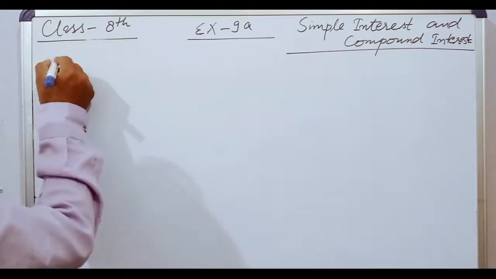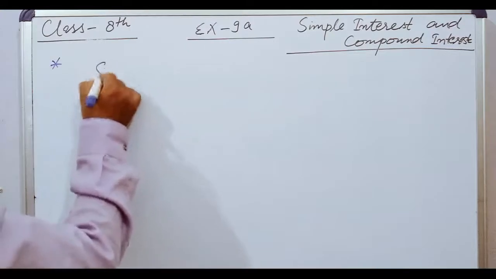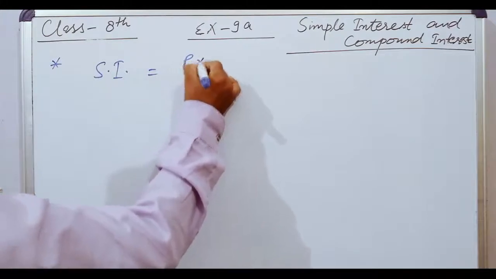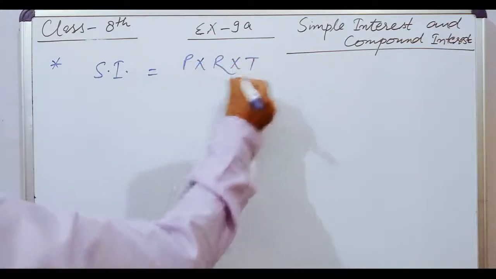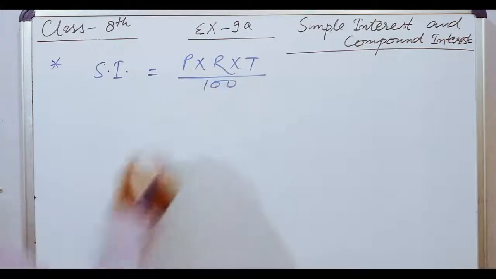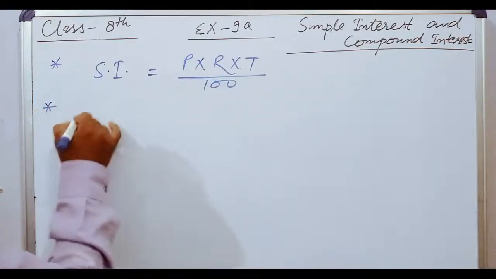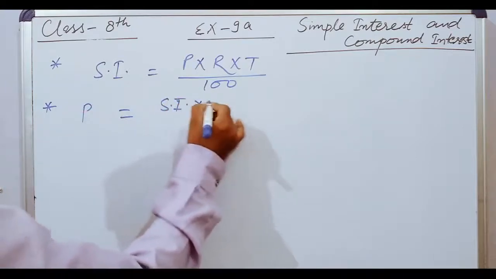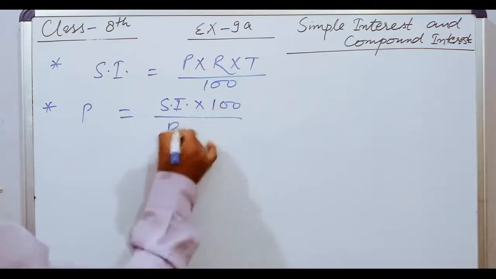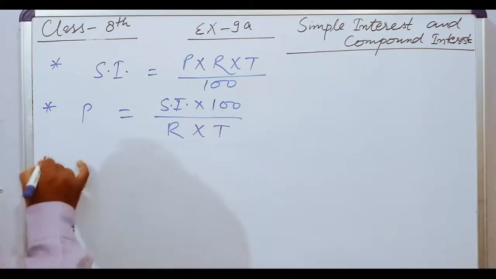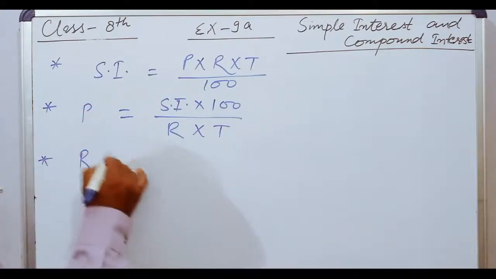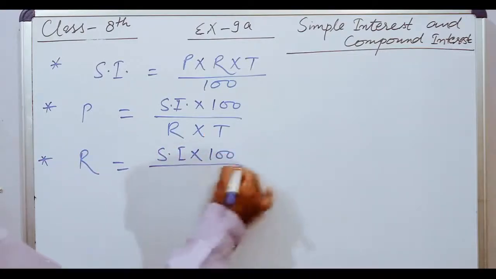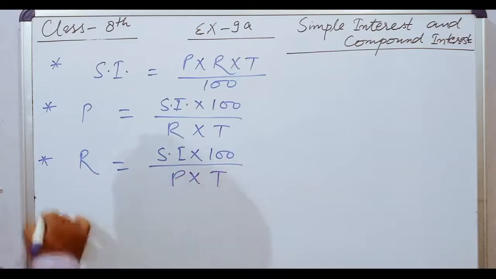Now the main formulas used in simple interest. Formula to find the simple interest: SI equals principal into rate into time upon 100. If you want to find the principal, then principal equals SI into 100 upon rate into time. If we have to find rate, then SI into 100 upon principal into time.